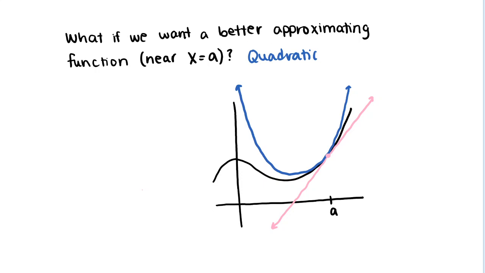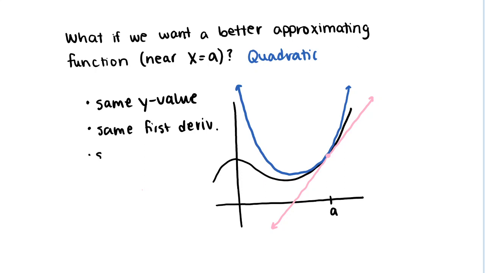And so here what we're going to look for in this quadratic function is for it to have the same y value at x is equal to a, the same slope, the same first derivative, and the same second derivative at x is equal to a.